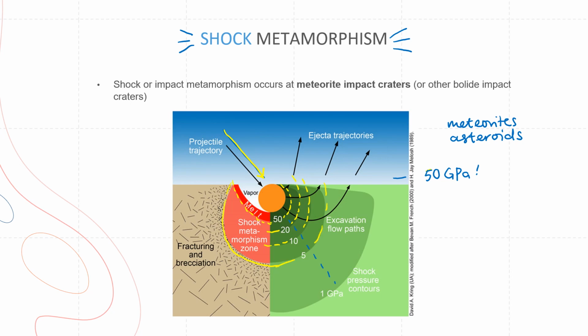And this is where you would find minerals crystallize and recrystallize because it's melted and metamorphosed. And further out, you will find that the host rock would be fractured and brecciated because of the impact. So that is shock metamorphism, or as some would call it, impact metamorphism.